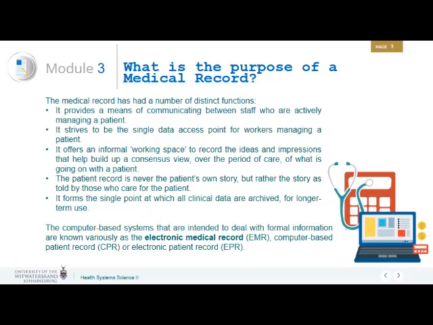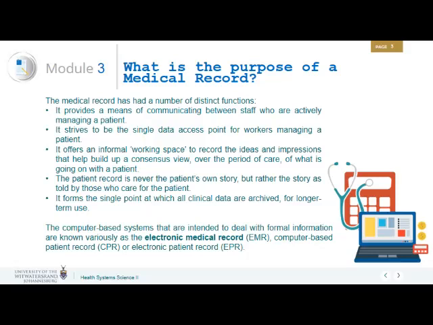So we can see it as a point of reflection around which health professionals are able to manage and care for that patient. It forms a single point at which all clinical data are archived and that can be used to track that patient's medical history over time.